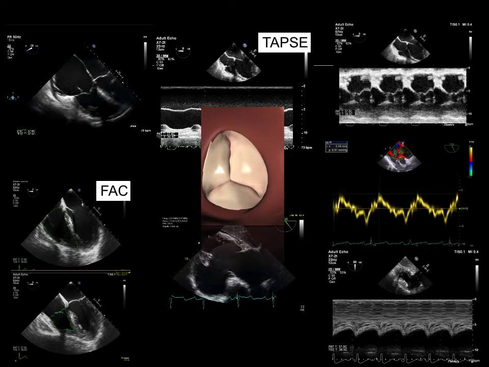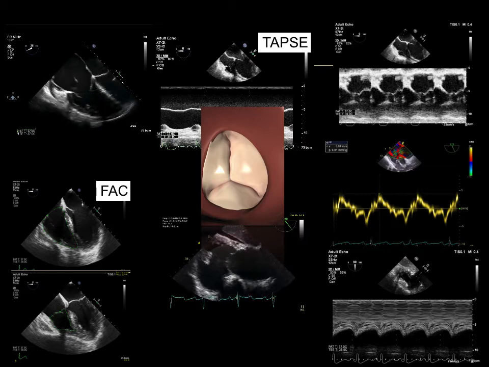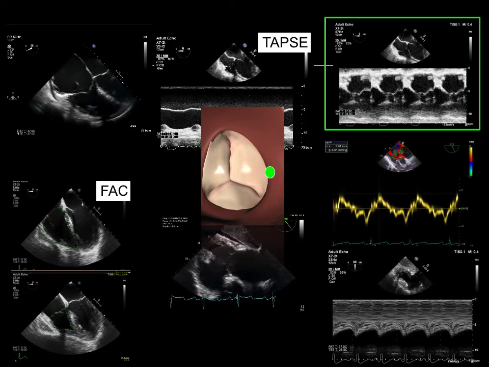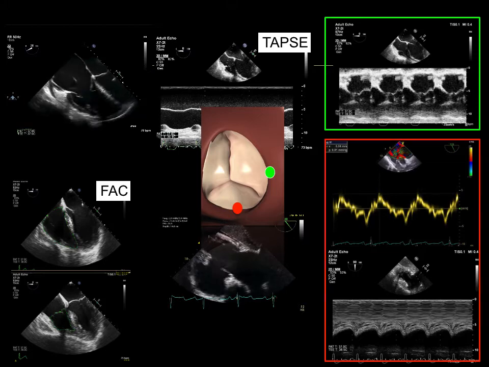One of the limitations from using transesophageal, mid-esophageal or transgastric view is that in the mid-esophageal view, we are measuring the tricuspid annulus in the lateral aspect, which is here. And then when we are looking in the transgastric, we're actually seeing the tricuspid annulus in the posterior aspect like here.